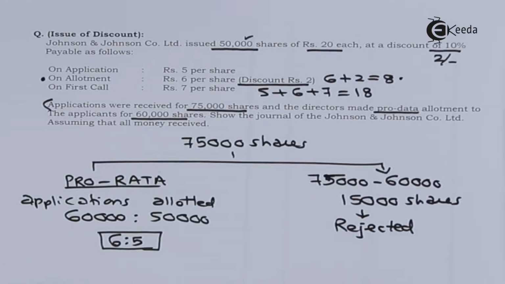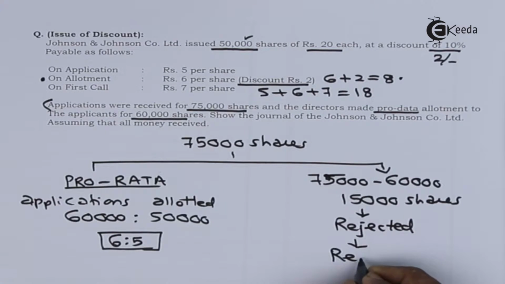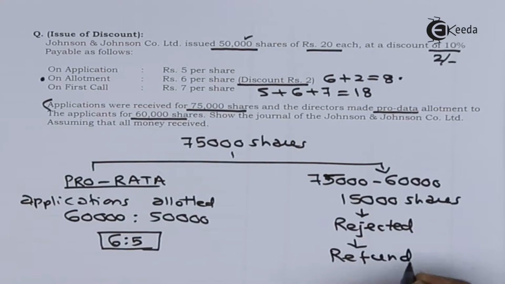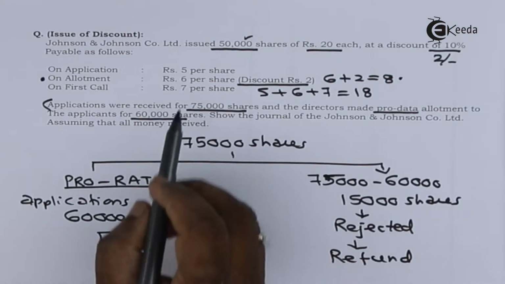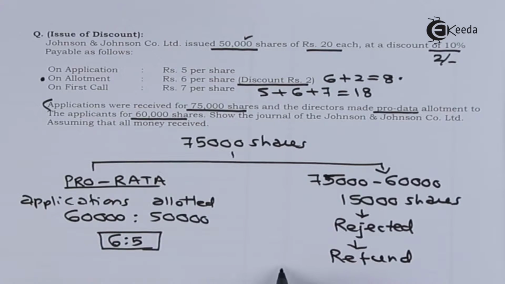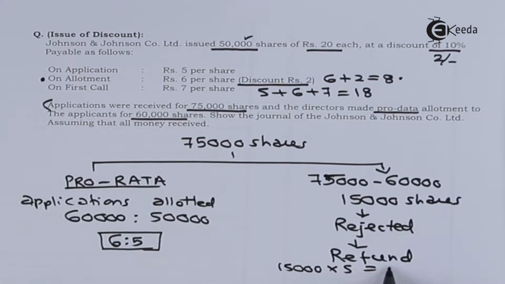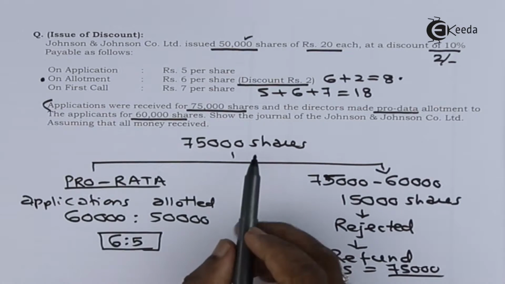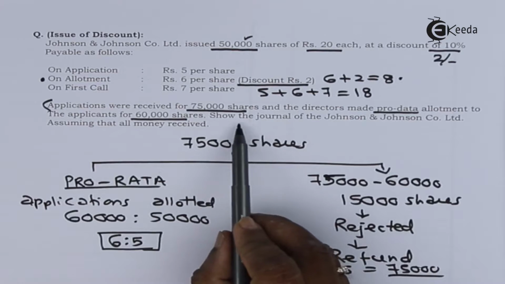Application for 15,000 shares is totally rejected. So company is required to refund the entire amount received from those rejected applications. So 15,000 multiplied by 5. Company has to totally refund this amount of 75,000.